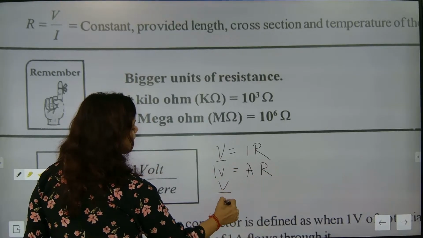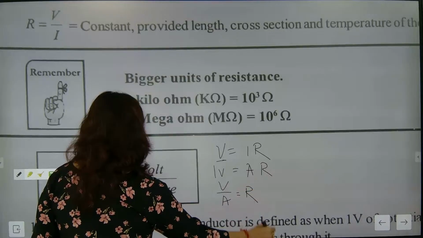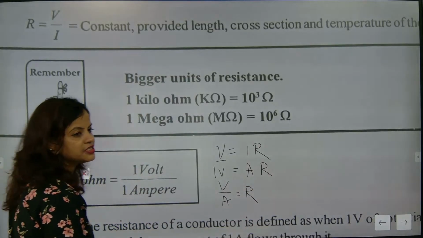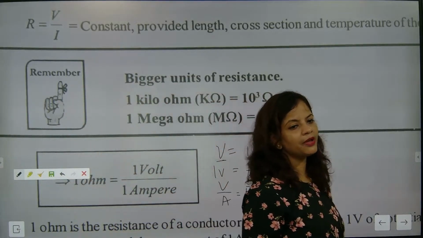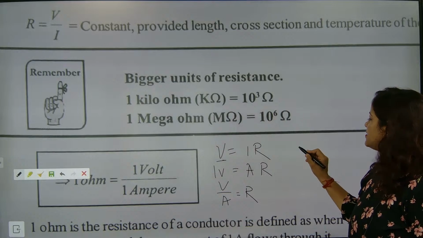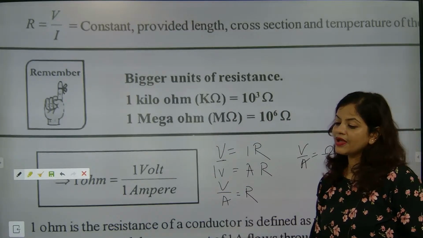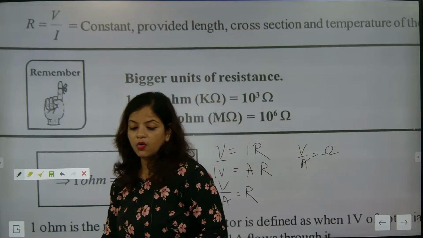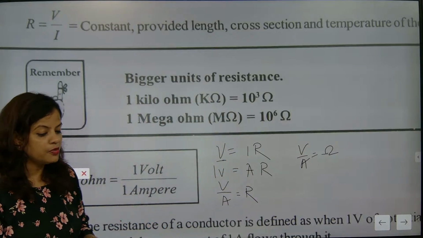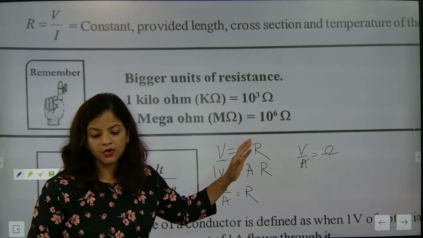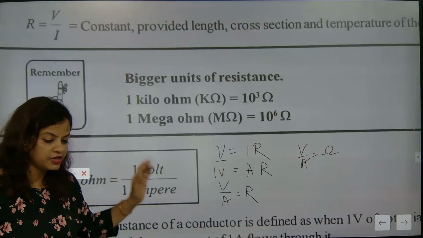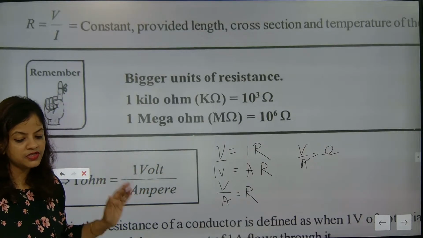So volt by ampere is equal to R, and volt by ampere is taken as ohm. Volt by ampere is considered as what? Ohm. I hope everybody has understood what we have studied.